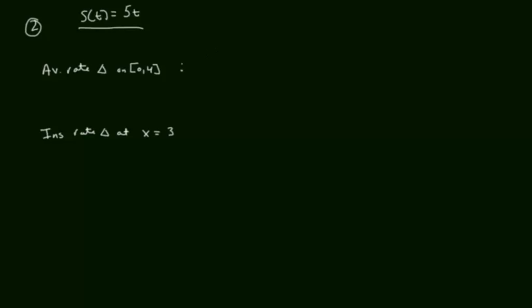So this is going to give us s at 4 minus s at 0, all over 4 minus 0, which gives us 20 minus 0 over 4, which gives us 5, and that's some unit per some unit of time. Let's just say hours, or units per hour.